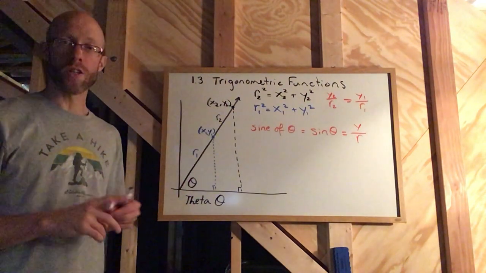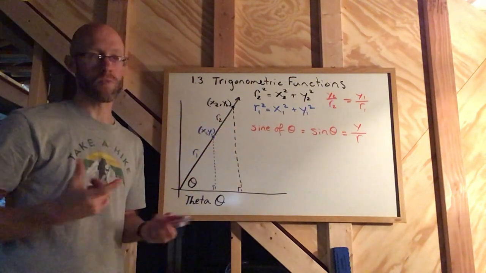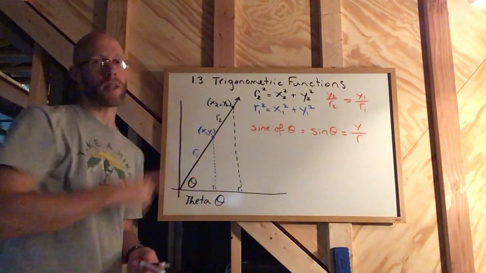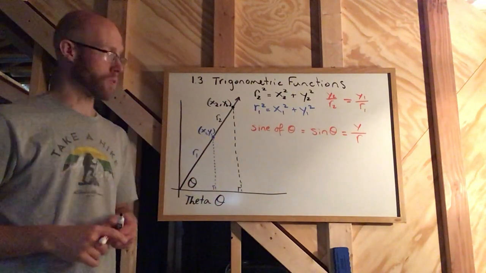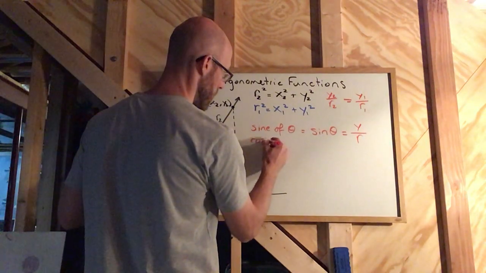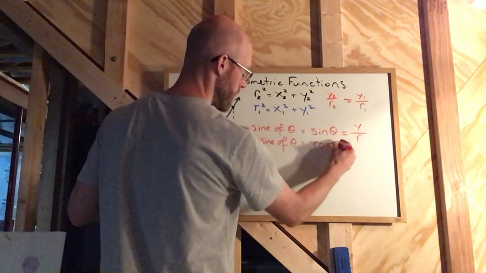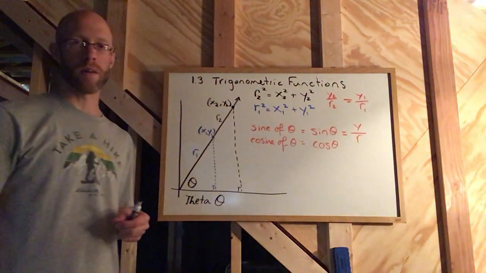Now there's other ratios, right? So if I did the vertical divided by the hypotenuse, you could imagine, well, what about the horizontal divided by the hypotenuse? Well, that's given a name as well. That's called the cosine. And we abbreviate that with cos theta.